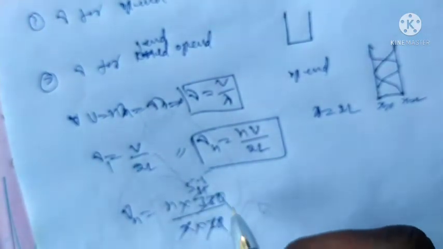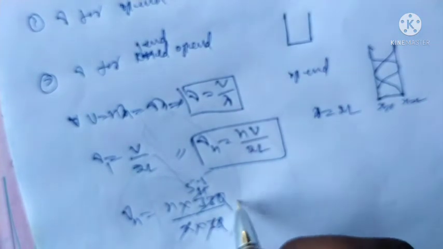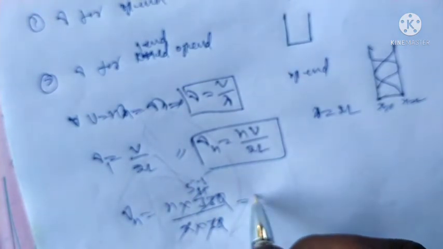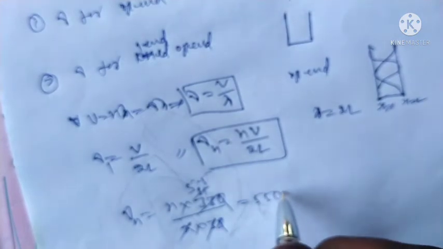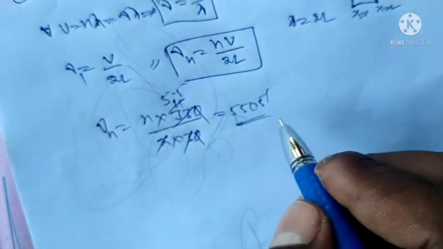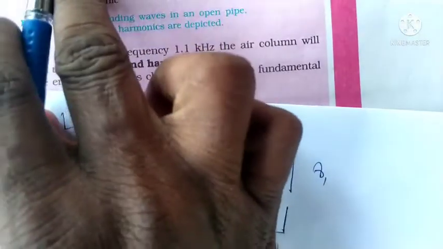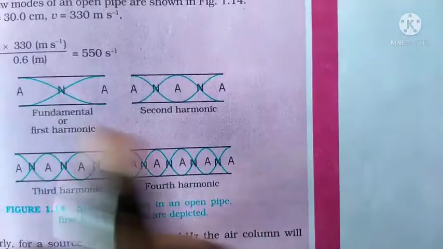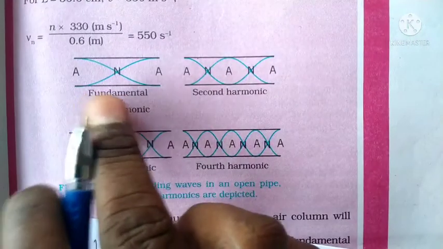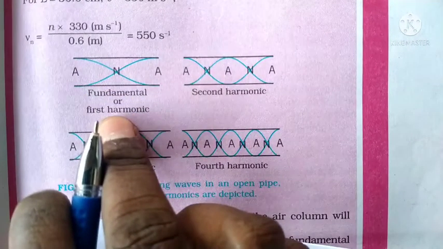Okay, you can write down the meter per second. Suppose n is equal to 1, it can be 550. Suppose we take n is equal to 2. Here n is equal to first mode, you can take n is equal to 1, the fundamental or first harmonic mode.